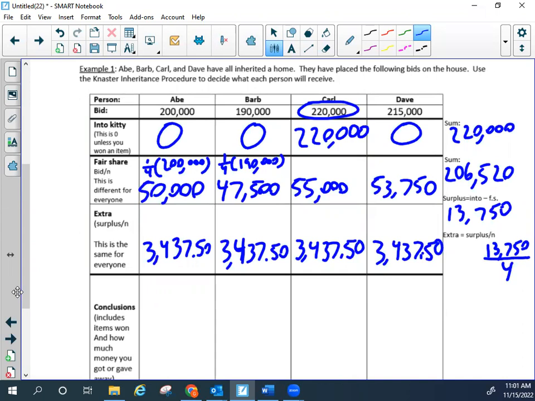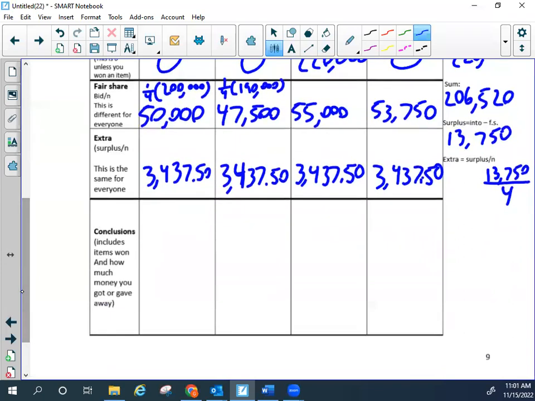So our goal here is now to see how much money everybody got. Well, Abe put $50,000 in his pocket, and he put $3,437.50 in his pocket, which means he gets paid $53,437.50.